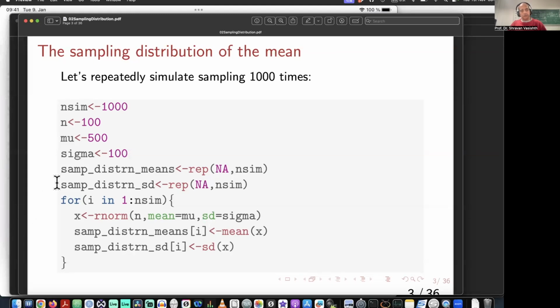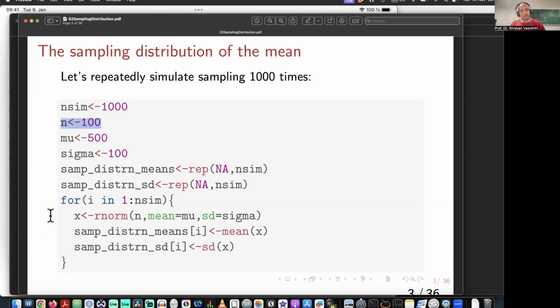And what I'm going to do is, so this is where all the for loops and all the other R coding that you learned is now going to come in handy, okay? So we're going to do 1,000 simulations, and we're going to collect 100 data points in each sample that we collect.